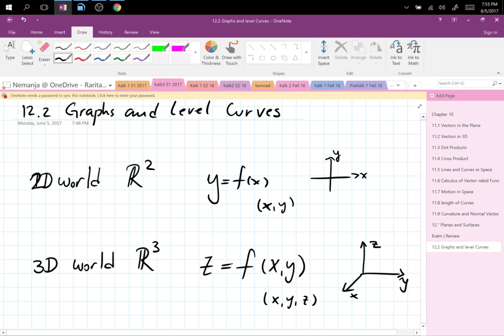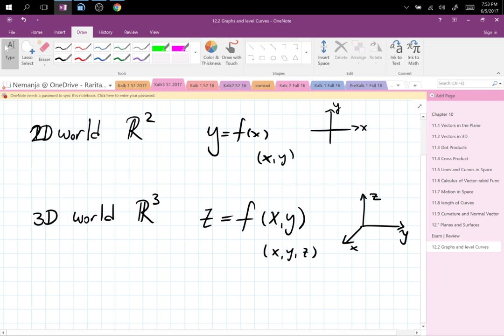Moving into the 4D world, and then 5D and 6D and so on, you can denote it as R to the 4. But what's important here to understand is that we use the 4th dimension all the time.